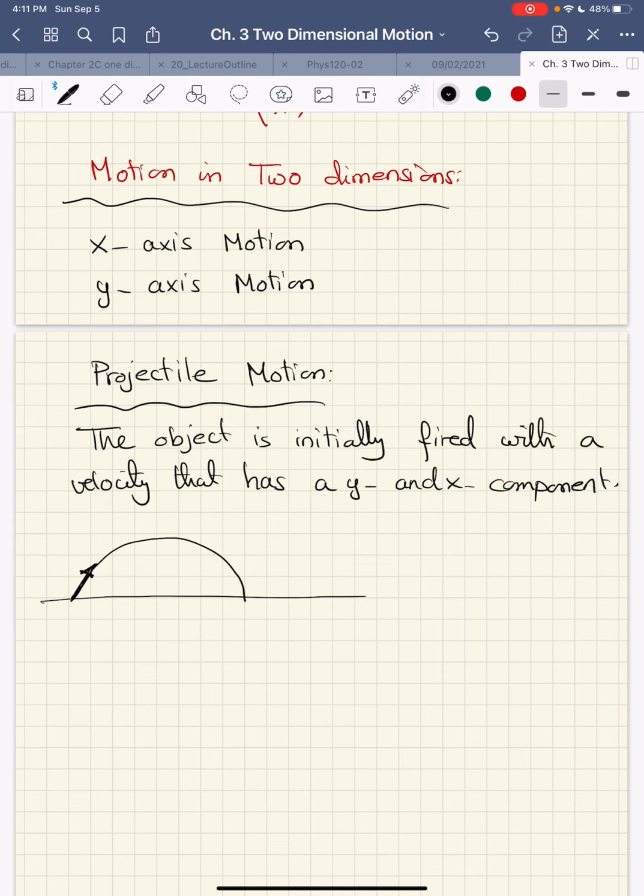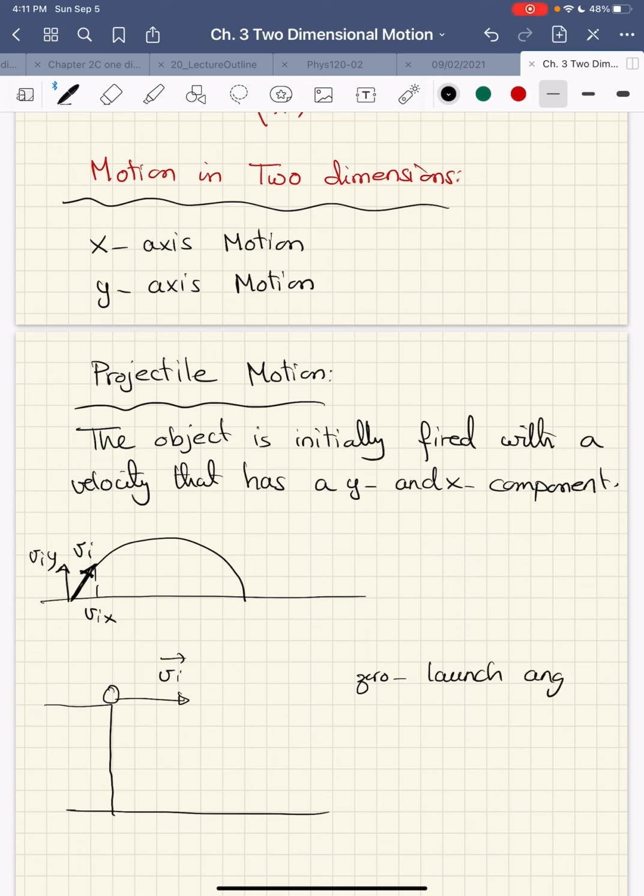Then this is the v that I was talking to you about, and that is vix, and this is viy. Okay? Or I might have my object that is going to be fired horizontally like this. We call this zero launch angle or horizontal projectile.